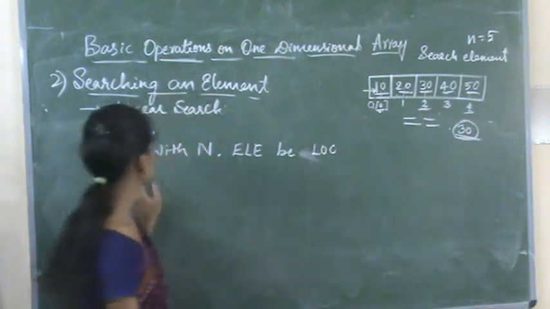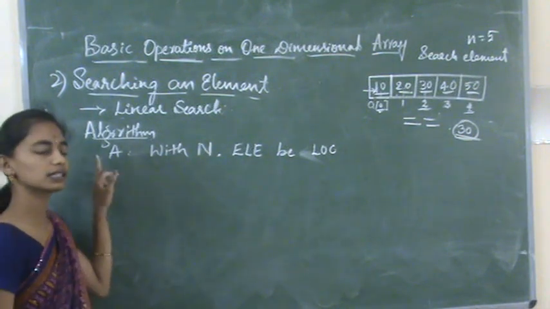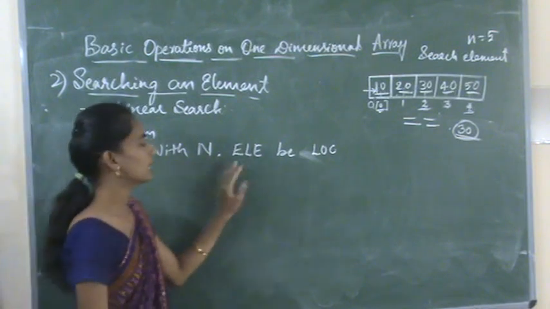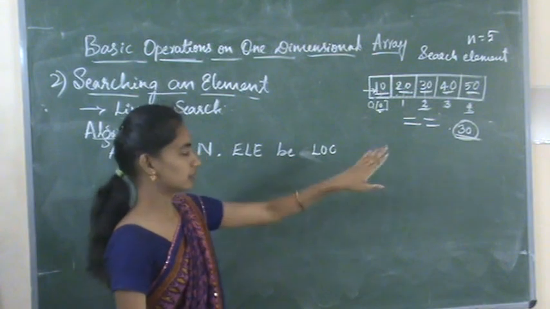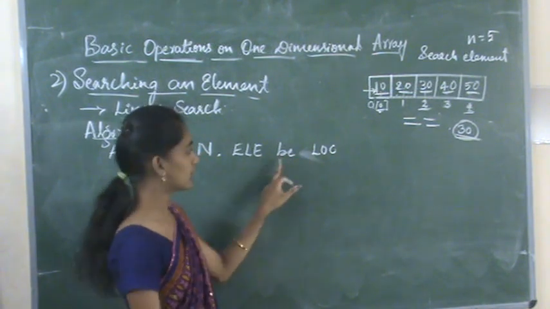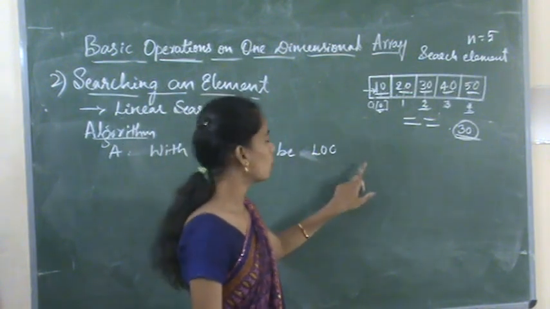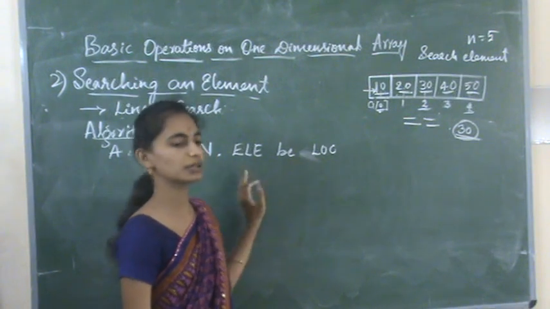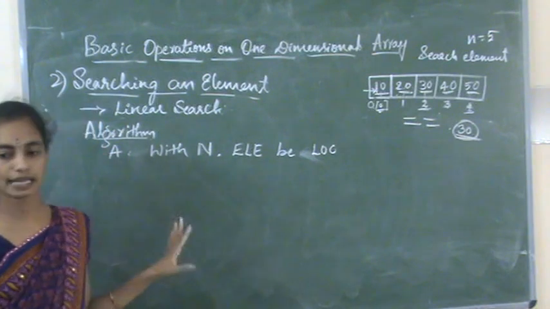So let A be an array with n elements, ELE be the such element, and LOC is the location where the such element is present. These are the variables we are using in this algorithm.